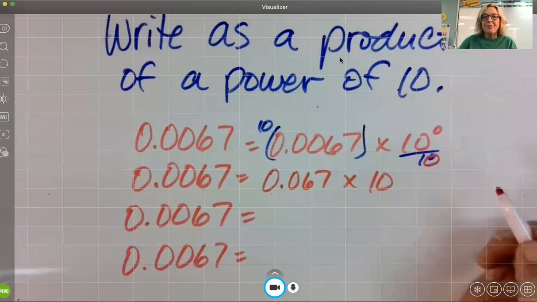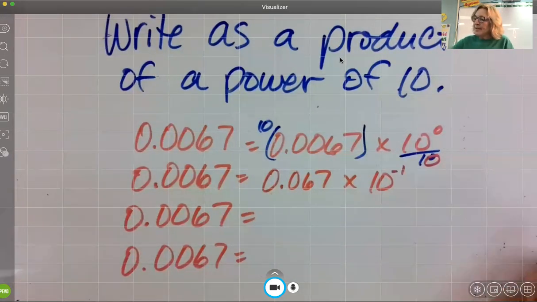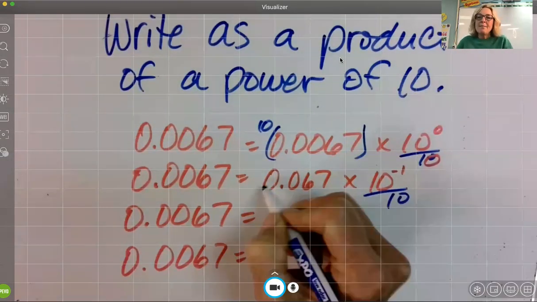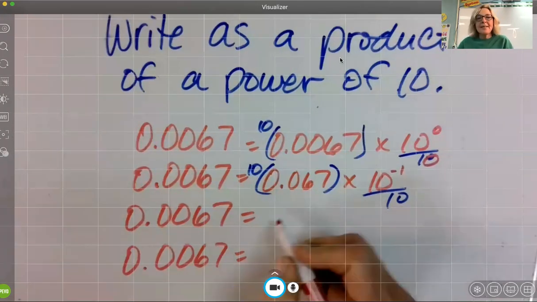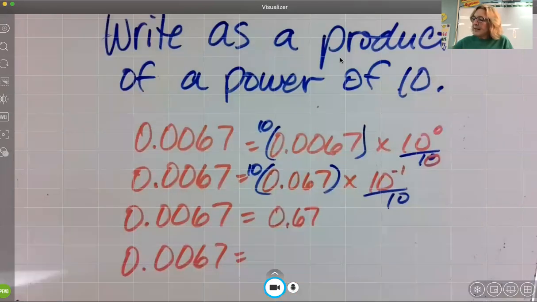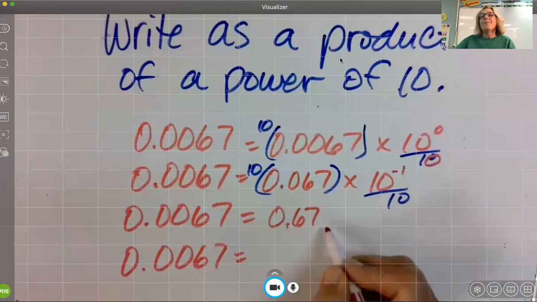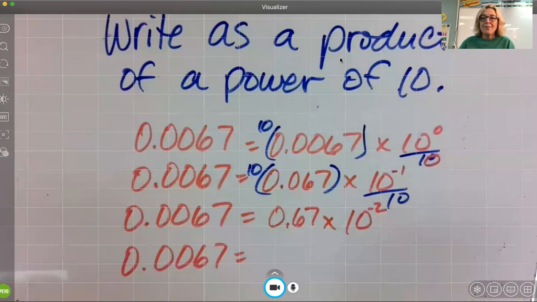Okay. And we can keep doing this. We can divide one factor by 10, multiply the other factor by 10, and now we keep shifting. So that would become 67 hundredths times 10 to the negative second. Again, has the same value. Let's do it one more time.